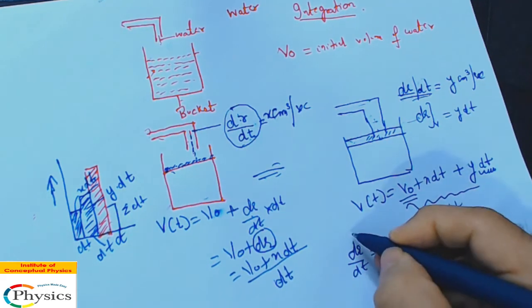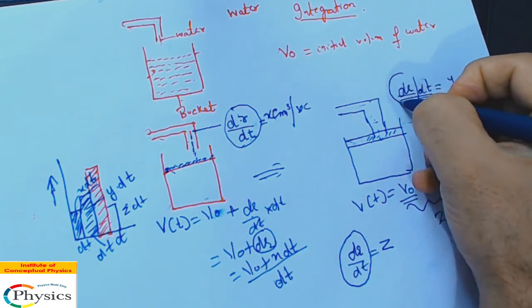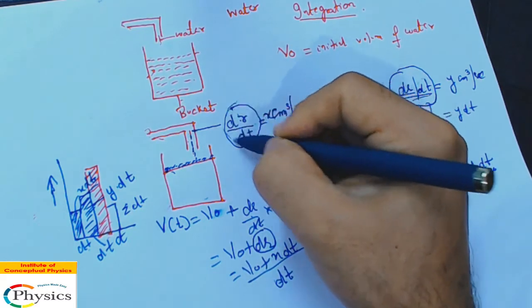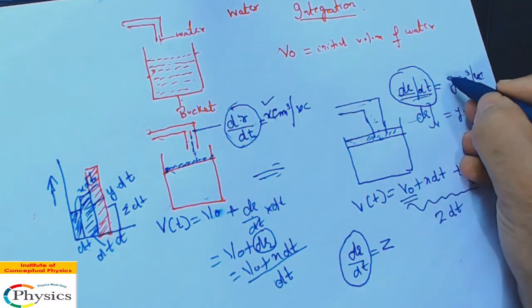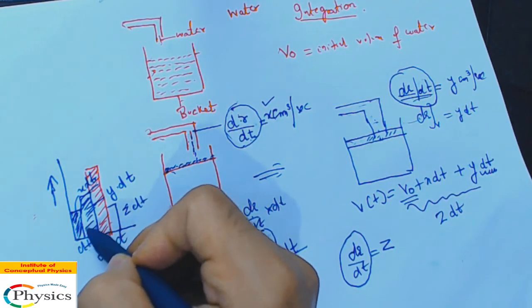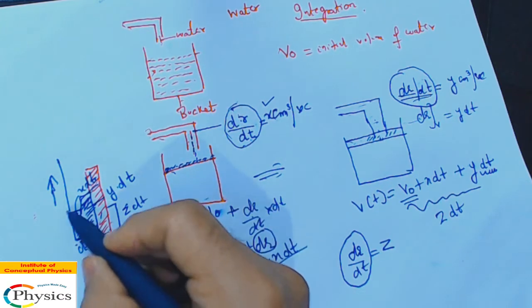So one is your rate, this is a rate, and this is a rate, okay? And this was also a rate. So the rate keeps on changing, okay? And the actual volume, which is this, also in the same time interval keeps on changing.